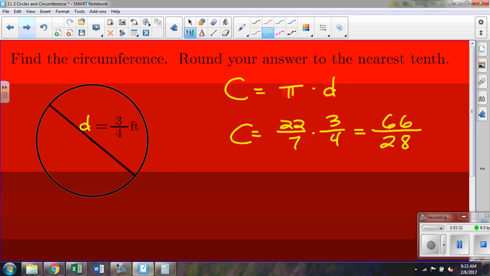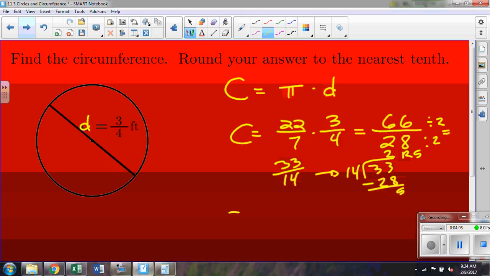We still need to simplify it. We'll need to convert it into a mixed number. And so this is a problem that when I look at it, I can see that we can divide out by 2, which would give us 33/14. And if we take 33 divided by 14, well, that goes in twice with a remainder of 5.